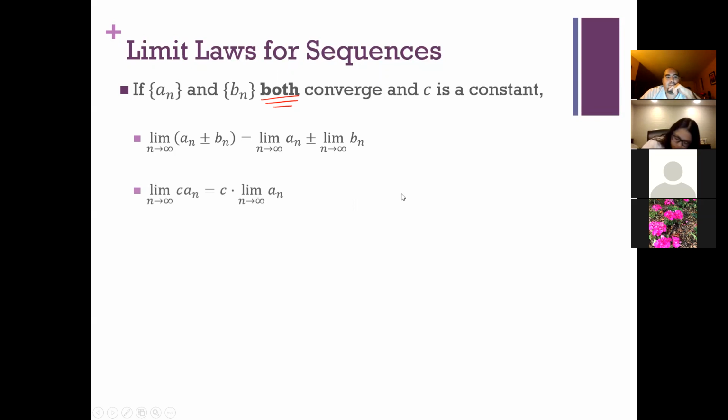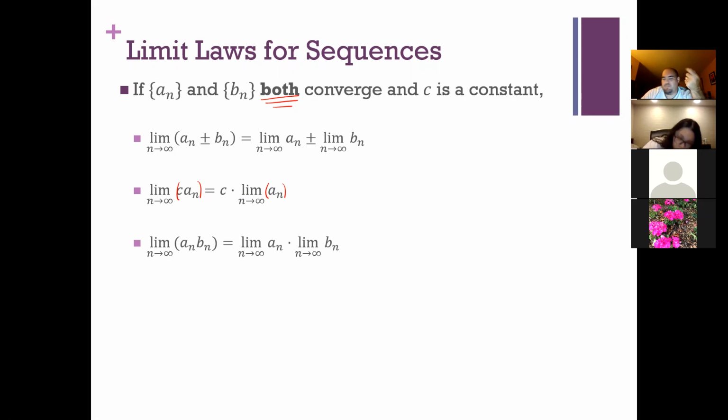Also, scalar multiples. If I'm multiplying all the terms of my sequence a sub n by c, that limit is equal to c times the limit, so I can just take the constant out. Constant multiples are easy to deal with. The product of the sequences is also easy to deal with.